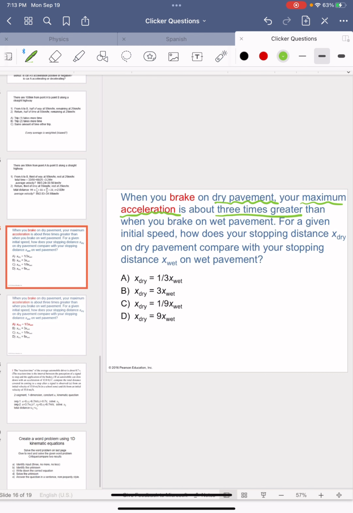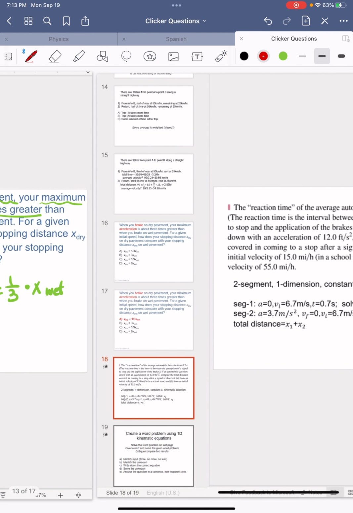So that means that x dry is already smaller. So to make them equal, we need to multiply 1/3 times wet pavement, right? So this is answer A. It will give us answer A right here.